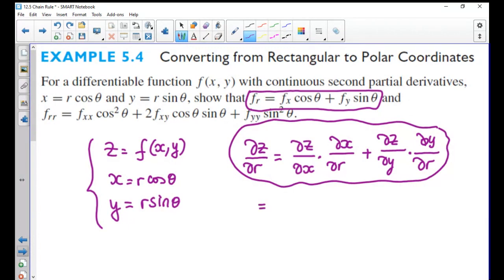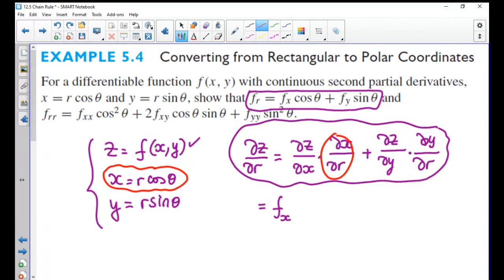So dz over dx, I can just write it because I don't know what the function is. It's just the derivative of f with respect to x. And then dx over dr: what is the derivative of x with respect to r?